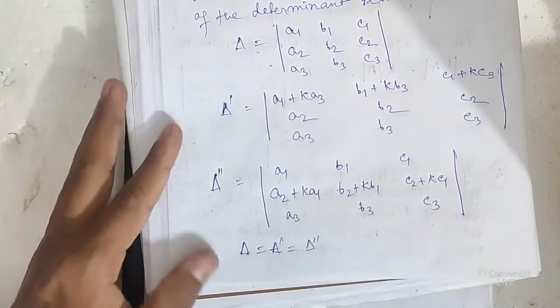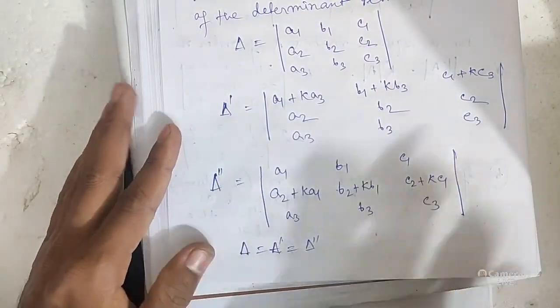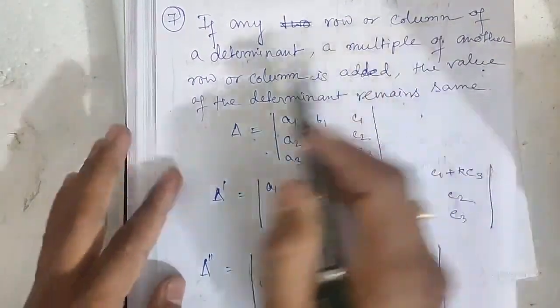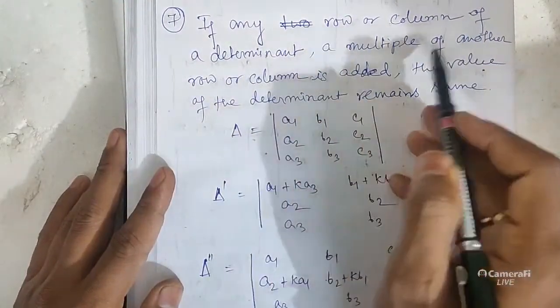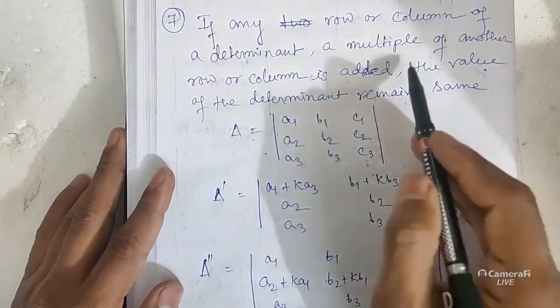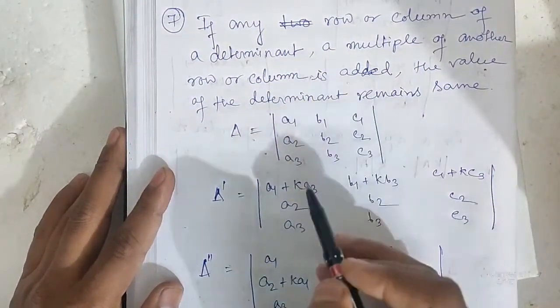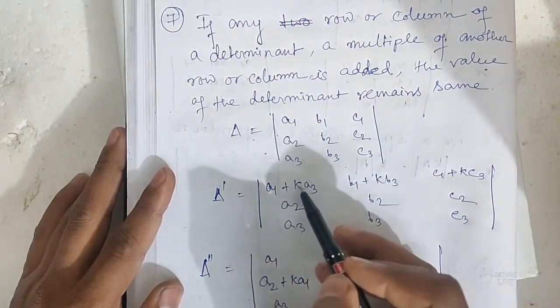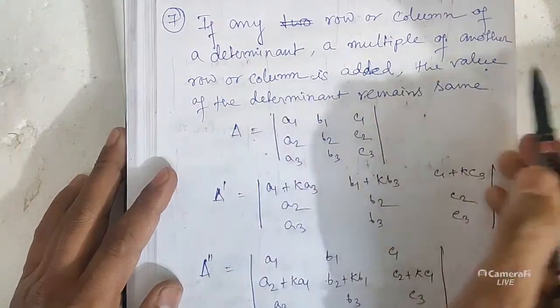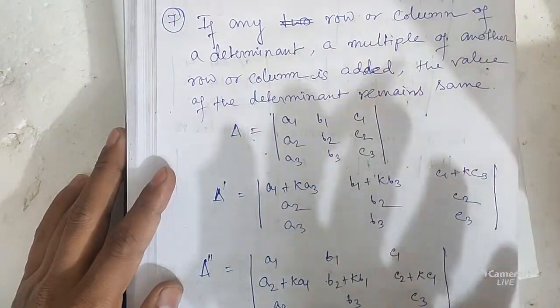All the values are same. That means if a multiple of another row or column is added to any row or column of a determinant, or subtracted, because if you choose the scalar with a minus sign it becomes subtraction, the value of the determinant remains same.